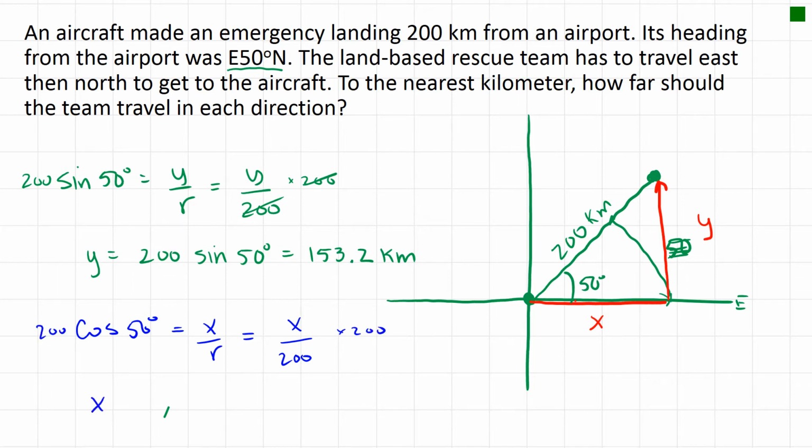So we know the x coordinate is 200 cos 50 degrees, and that ends up being 128.6 kilometers. So the rescue team has to go 128.6 kilometers in the x direction towards the east and 153.2 kilometers towards the north.